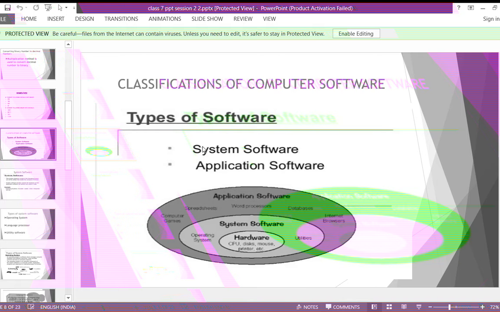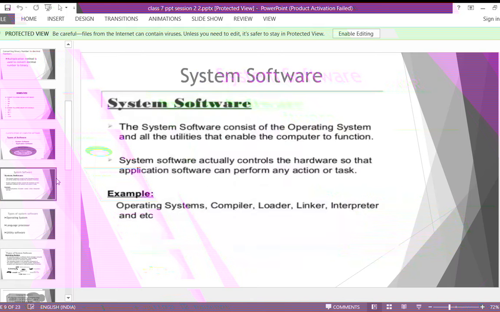There are two types of this computer software. One is system software and one more is application software. So these two software we'll see one by one. First we'll see what you mean by system software. As you know already, machine understands in the form of binary number, that is 0 and 1.